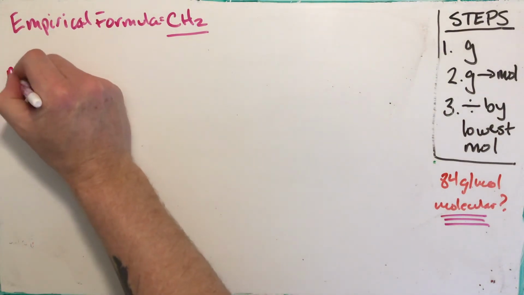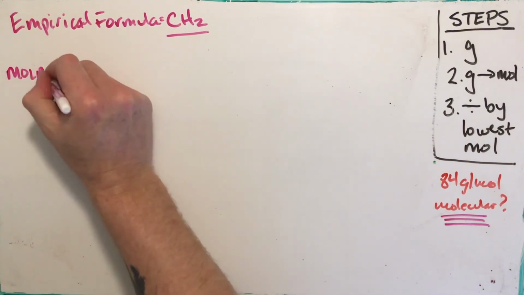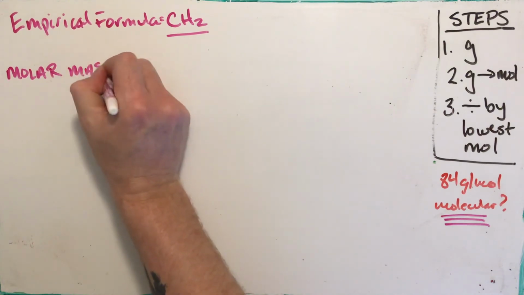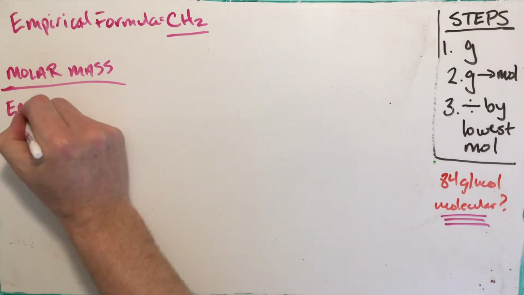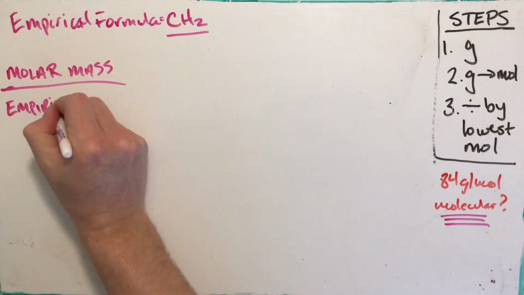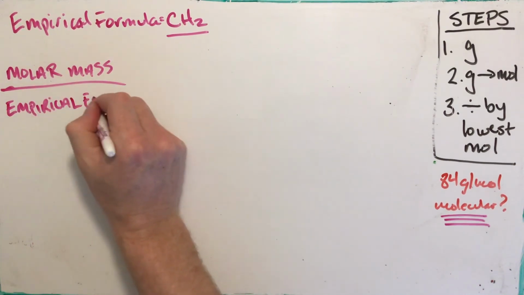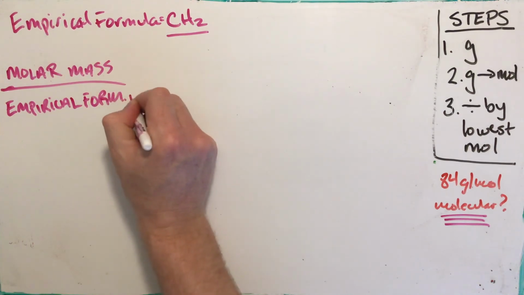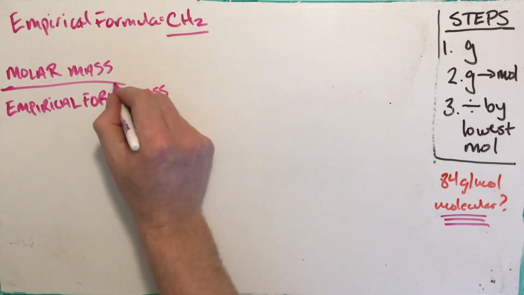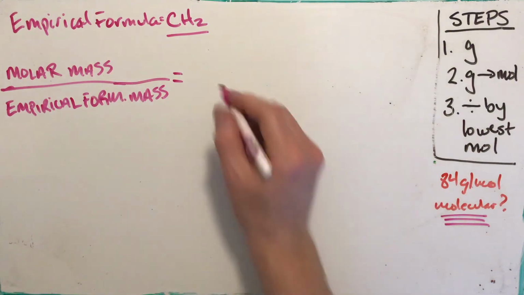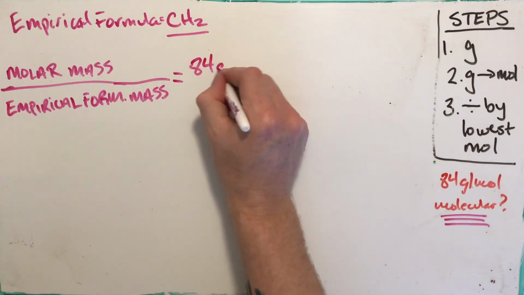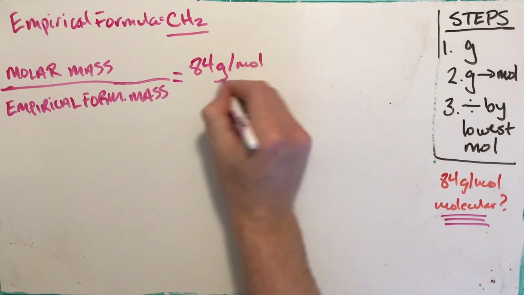So what I'm going to do is I'm going to take my molar mass and I'm going to divide it by my empirical formula mass. Now the molar mass was given. It's right here. It's the 84. It was given in the original question.